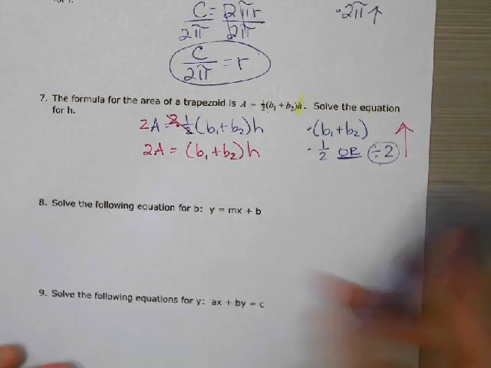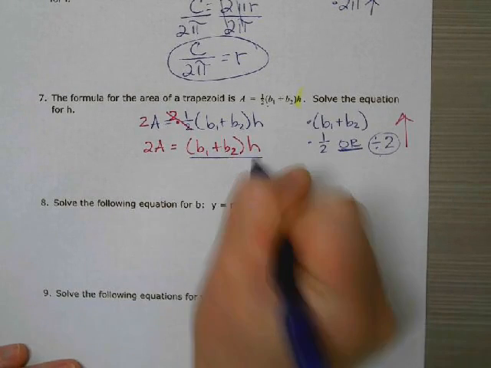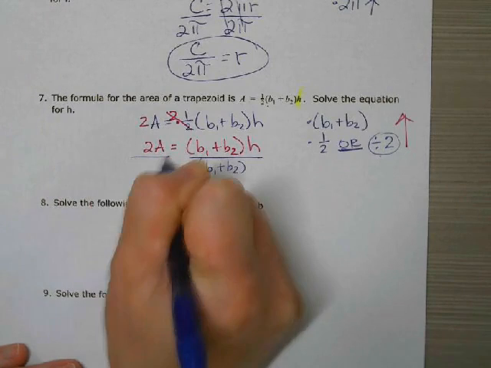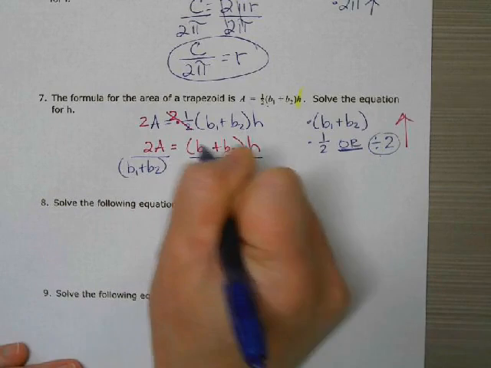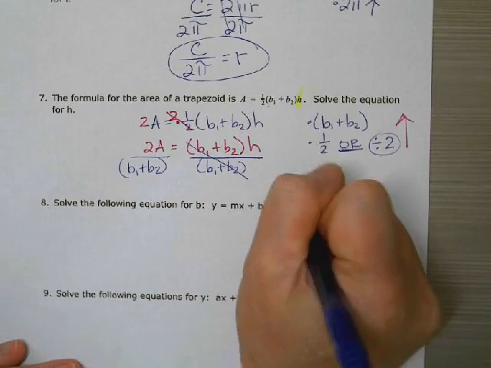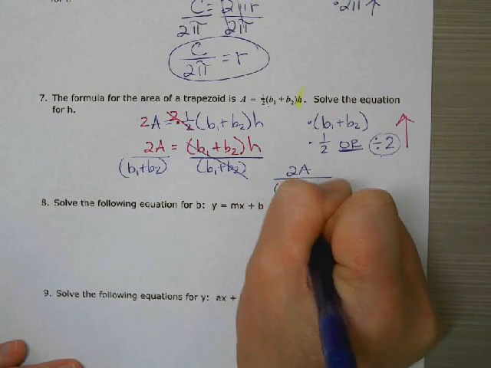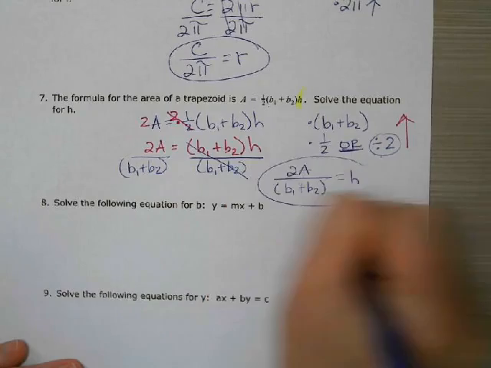And so we got rid of this. It's time to get rid of multiplying by that. So I'm going to divide by b1 plus b2. And when I do that, those are both gone, and I'm just left with 2A over b1 plus b2 equals h. And that's my answer.